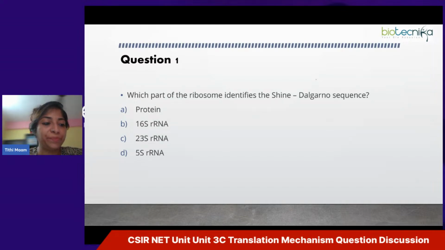Starting with question one: which part of the ribosome identifies the Shine-Dalgarno sequence?